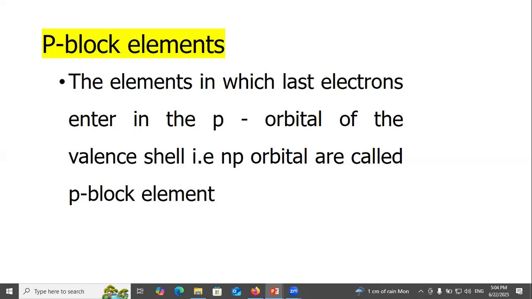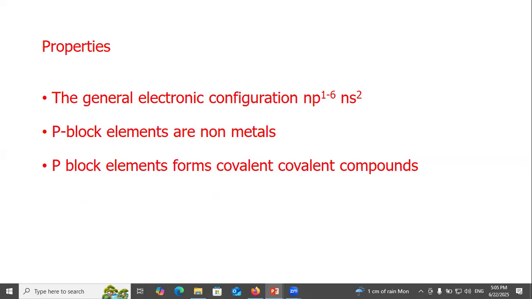P block elements: the elements in which the last electron enters the p orbital of the valence shell, that is the np orbital, are called p block elements. Properties: the general electronic configuration is ns2, np1 to 6. P block elements are mostly non-metals and form covalent compounds.